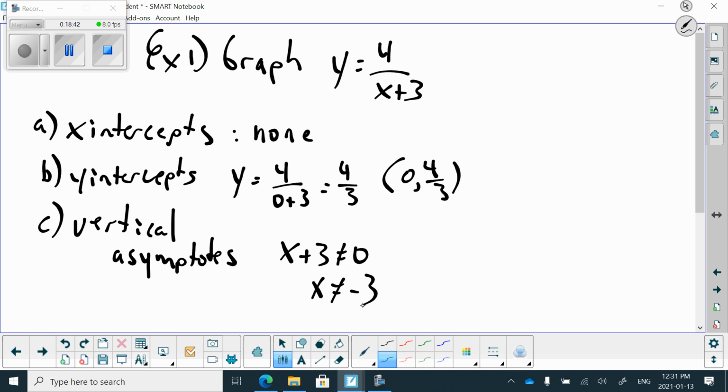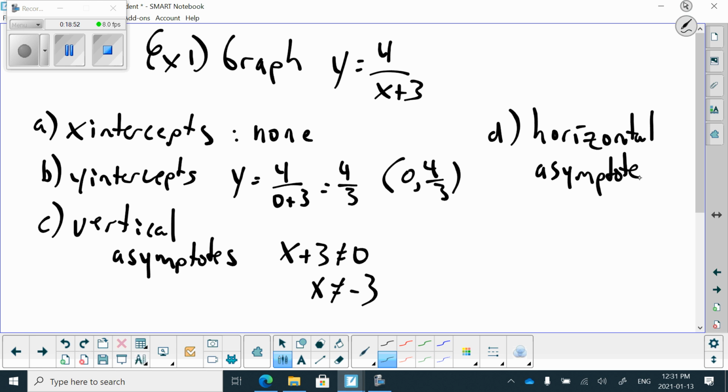And our horizontal asymptote is going to be what? No, that's the y-intercept.